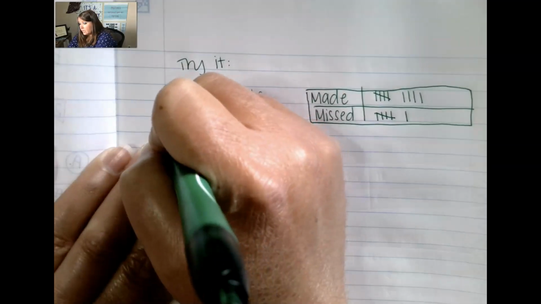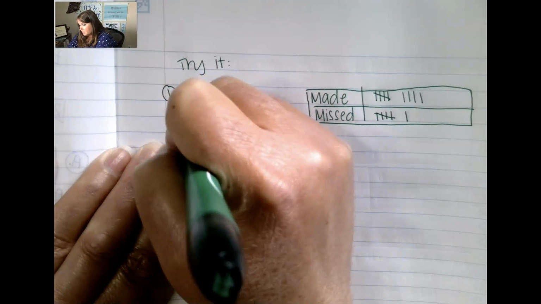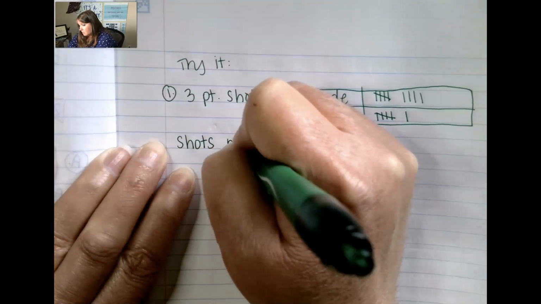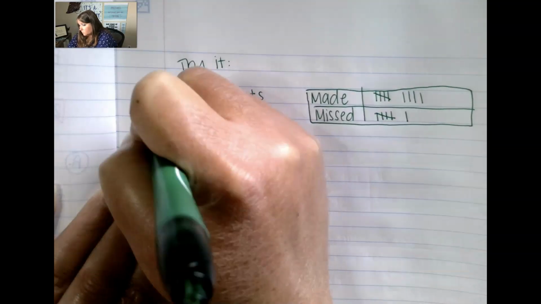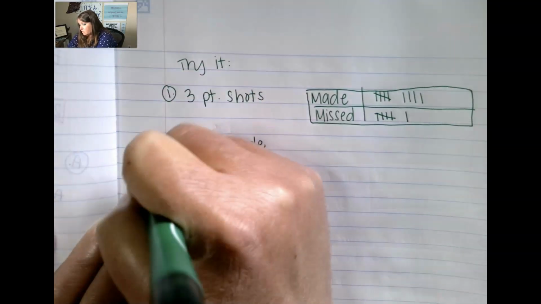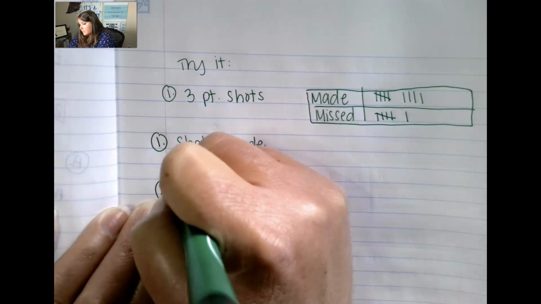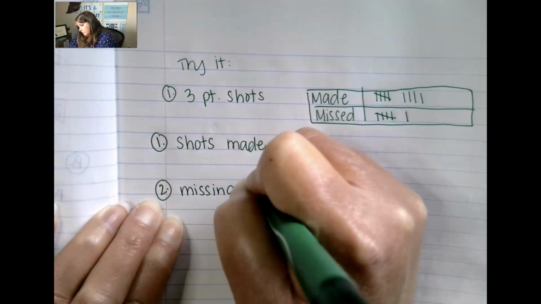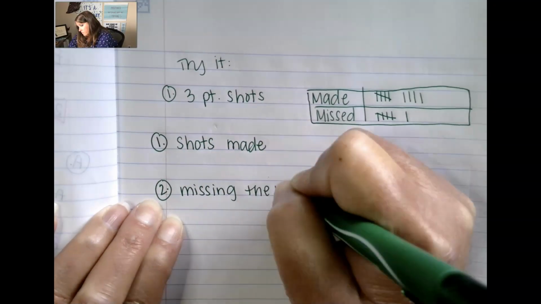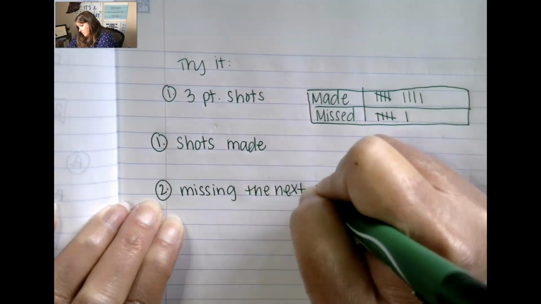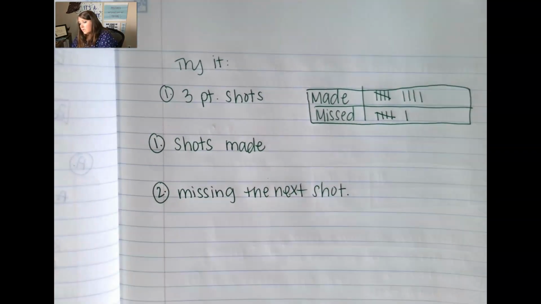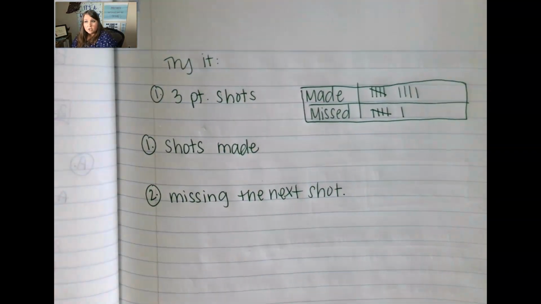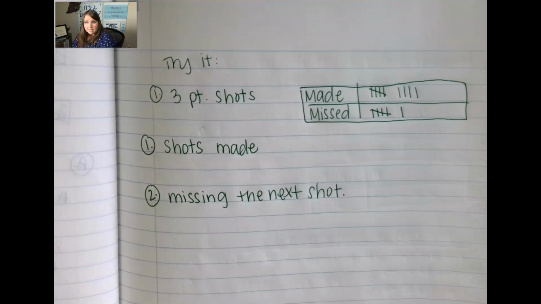So the likelihood of shots made, and what's the likelihood of missing your next shot? Okay, go ahead and hit pause right now so you don't hear me solving. And then when you are ready, come on back and check your level of understanding.